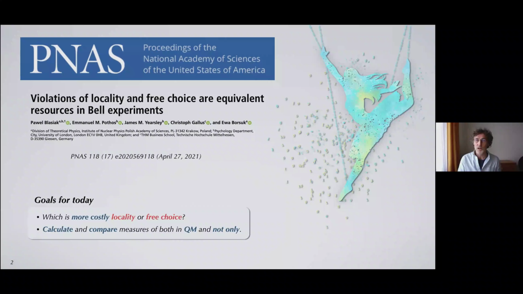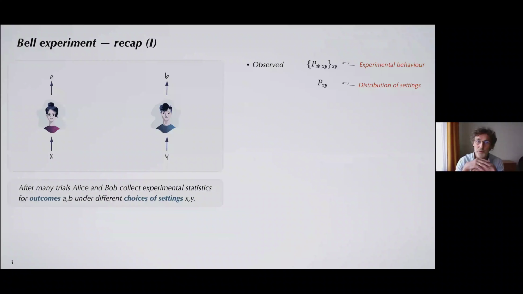But before that, I'll need to retell a story about the Bell experiment in my way. So far we have heard quite a lot about it in terms of joint probability distributions. In this talk, I will focus on conditional probability distributions, which is totally equivalent. I think it's more general, though, which will allow me to treat freedom of choice as well, not only locality. As usual in both scenarios, we have two parties. Here's Alice, here's Bob. Alice chooses measurements, Bob chooses measurements, X and Y, and both obtain some outcomes.